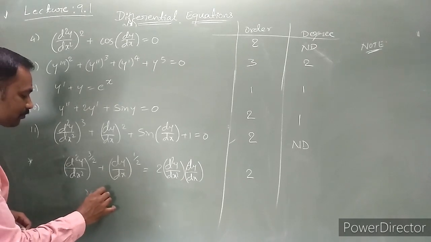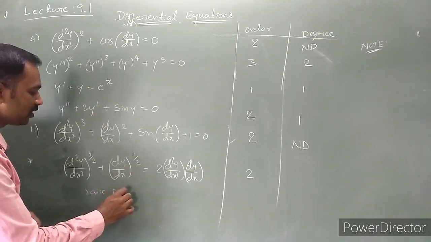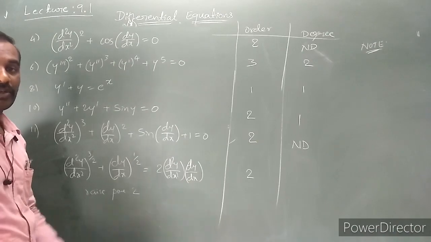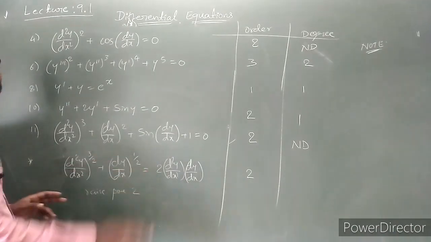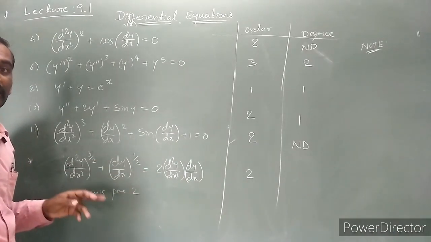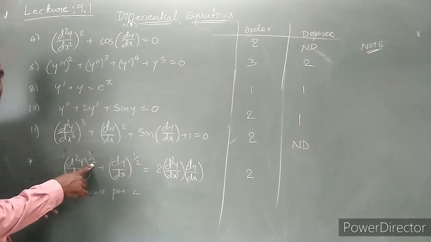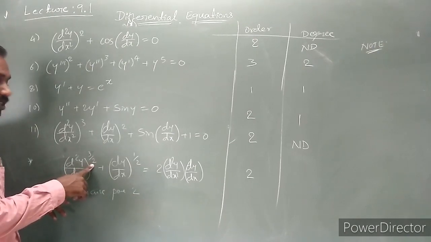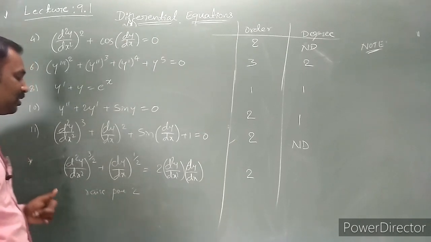Raise the power. We have to increase the power by squaring on both sides, because we have to eliminate this radical.